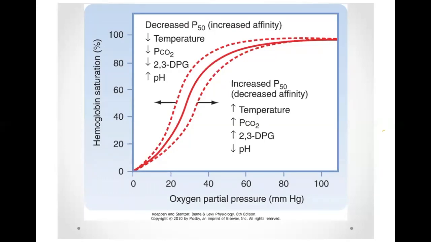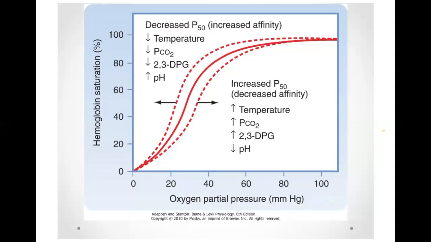Now, I want everyone to remember, the oxygen hemoglobin curve will shift to the right whenever there are conditions wherein oxygen saturation is low.